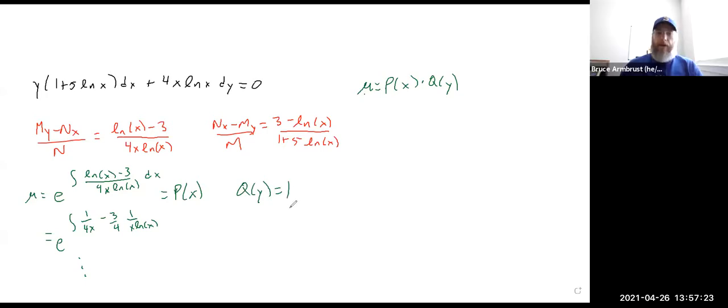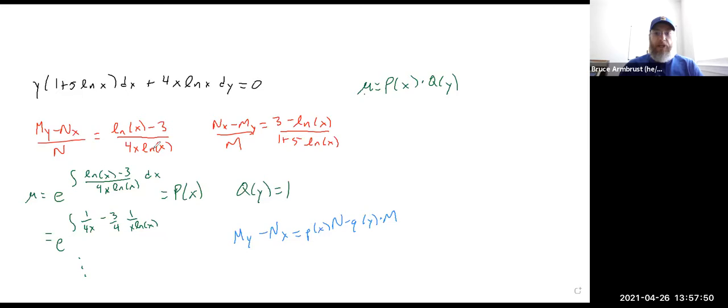Correct. Yeah, and if you look at what Ralph put in the chat box, my minus nx equals p of x times n minus q of y times m. These big P and Q are the integrals of these.